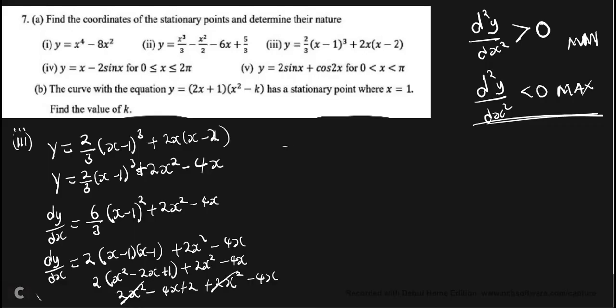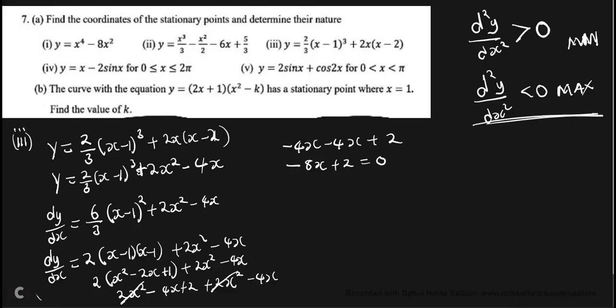You remain with negative 4x minus 4x, then plus 2, such that you have this equation. What's the answer there? That is negative 8x plus 2, then equate to 0, right?